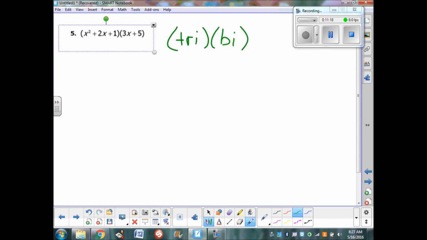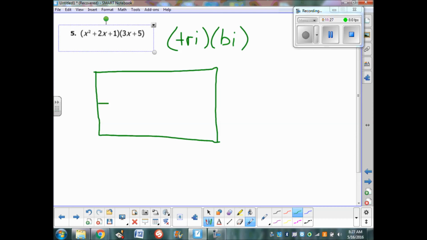Makes life a whole lot easier. So right now, instead of a 2 by 2 box, I'm going to do a 3 by 2 box. Everybody needs to be doing this. When you've got a tri times a bi, you need to be drawing the graphic organizer to keep things organized.